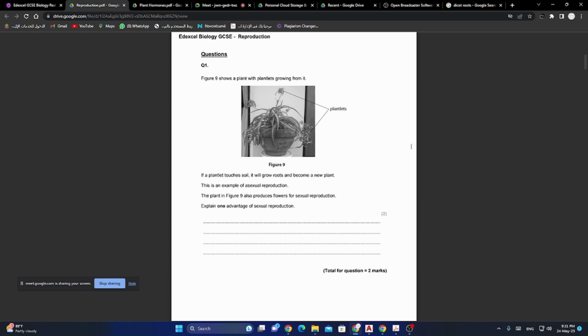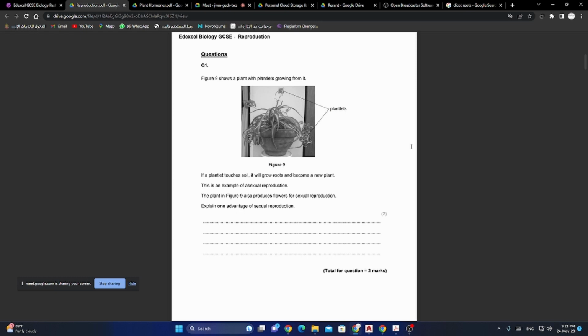Oh my god, don't tell me you don't remember anything from there. Okay, so we've already said that sexual reproduction is a lot slower than asexual. It needs gametes, it needs two parents, right? So why do plants bother with sexual reproduction?